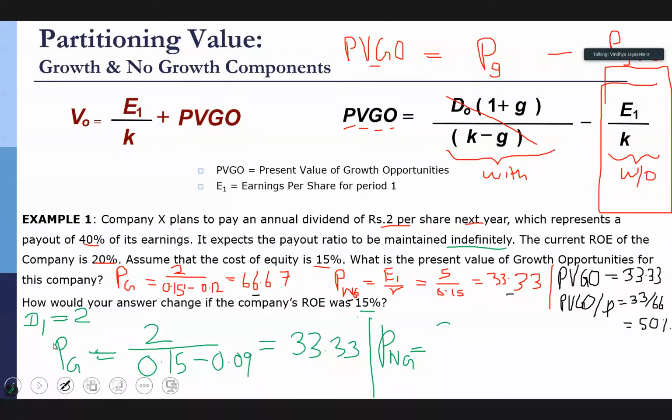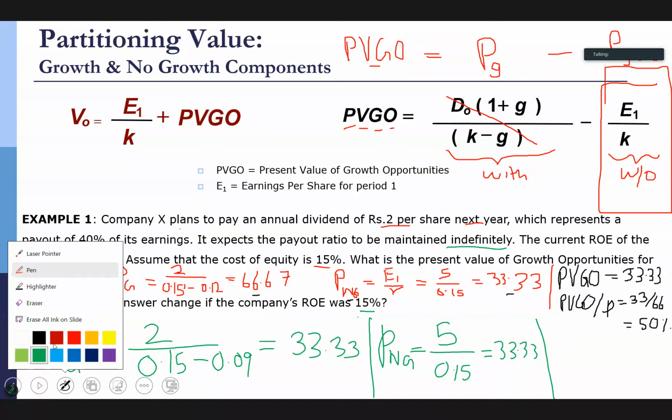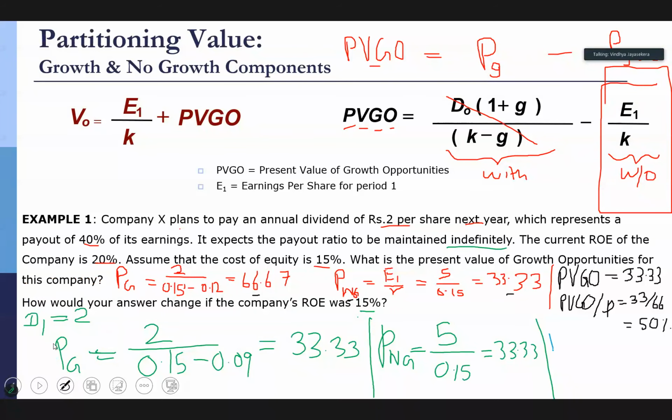If dividends are 2 rupees and payout ratio is 40%, then earnings are still 5 rupees. Divided by R of 15%, 33.33. It doesn't change. What does it imply then? It implies to me that PVGO is 0.